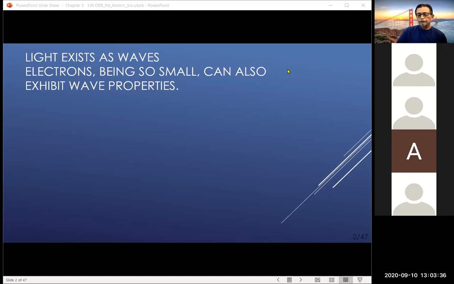And we find out that the electron, being so small, actually acts like light. It has properties of light. So we're going to touch a little bit on light, not a lot, just to give you an indication of how these electrons behave as they travel through space.